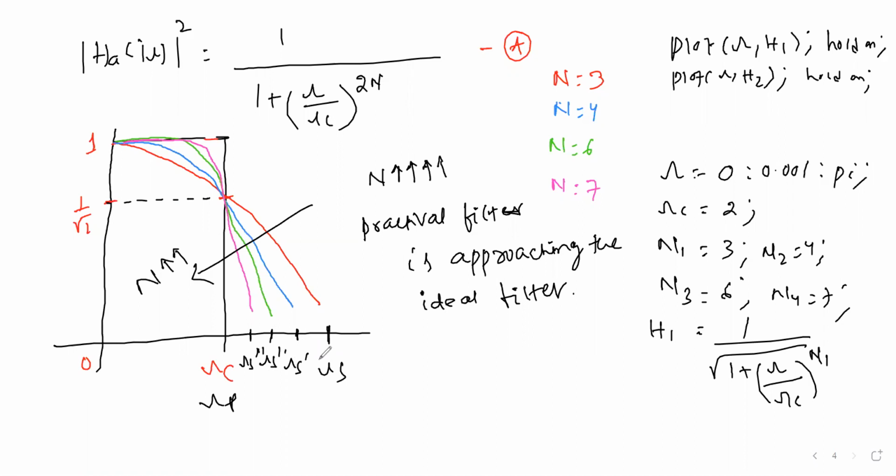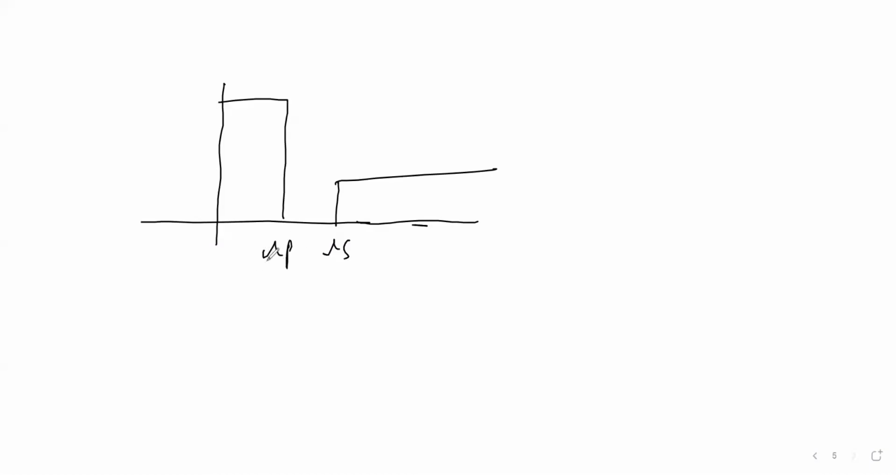Why is it an advantage? See, the ideal filter, yes, it is approaching the ideal filter. What happens? Then the noise which is after the pass band will be eliminated. Initially your stop band is here and the pass band frequency is here. Now, slowly, when the stop band is approaching here, what will happen?